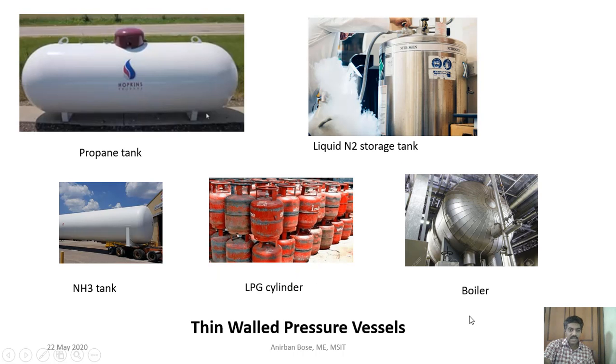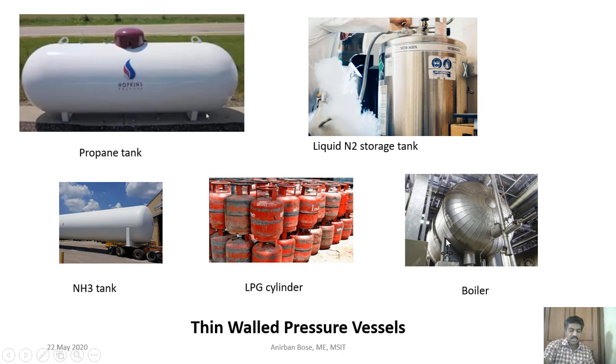Now coming to another kind of loading, that is because of the internal pressure within this kind of pressure vessels. Here you can see the propane tank or liquid nitrogen storage tank or ammonia tank or LPG cylinder or a boiler shell. Everywhere inside these pressure vessels certain pressurized gases are there, right?